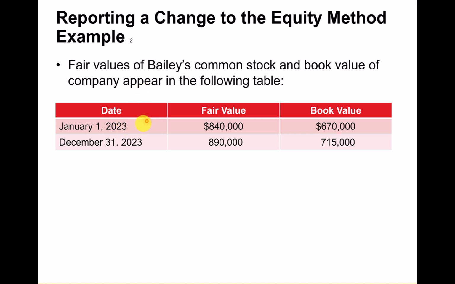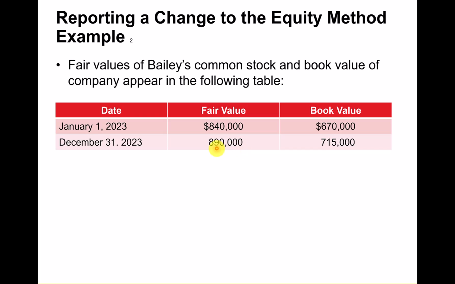So we started off here on January 1st, and we paid 10% of this, $84,000, even though the investee Bailey's equity, net assets or book value is less than that, probably because there's some understated assets. We're willing to pay more. Here you can see that by the end of the year, the fair value has increased.